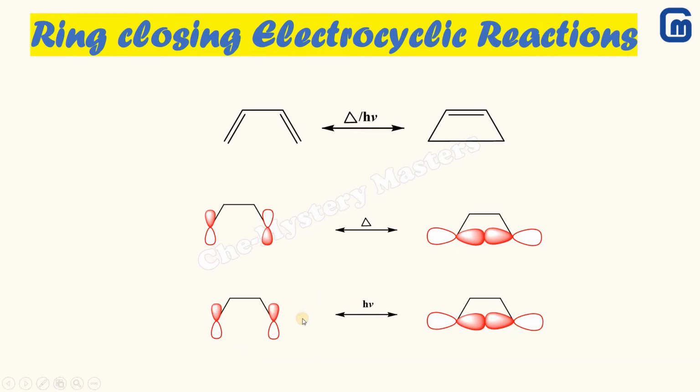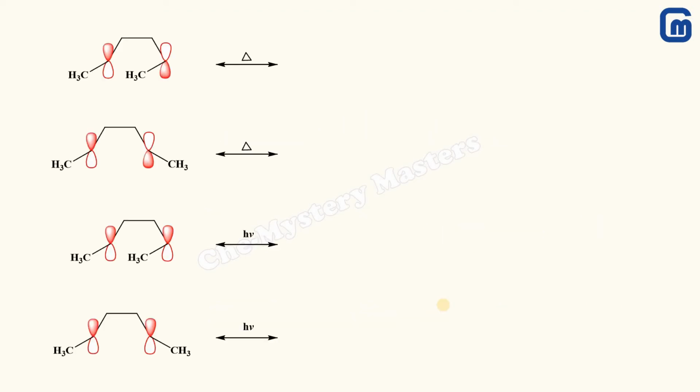So from these two examples we have understood that for thermal condition there is a requirement of conrotation, while for hν condition there is a requirement of this rotation for making the molecule undergo the ring closing electrocyclic reaction. Now we will take some more examples where we have some substitution at the two ends of the 1,3 butadiene structure.